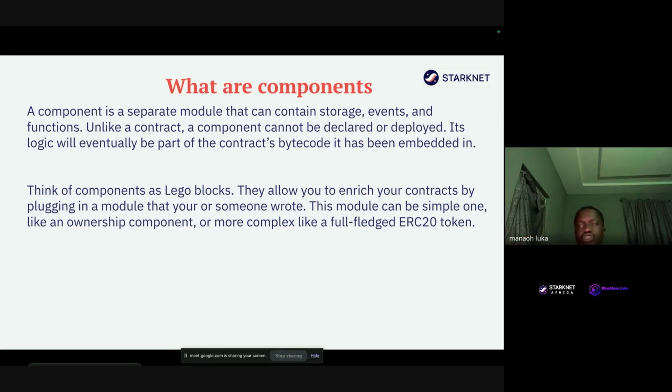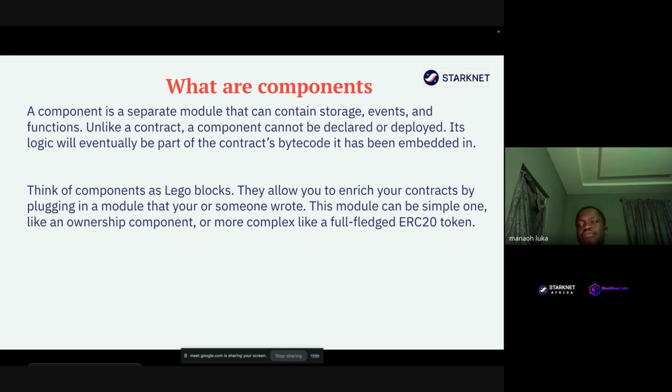You write all that logic, and then you expose it as a component. I'll teach you how to define a component and how to differentiate between a component and a smart contract. So when you're writing a component, you know that this is a component, and then you plug it into your contract, and then you have access to all those ERC20 functions that you wrote separately within that component.